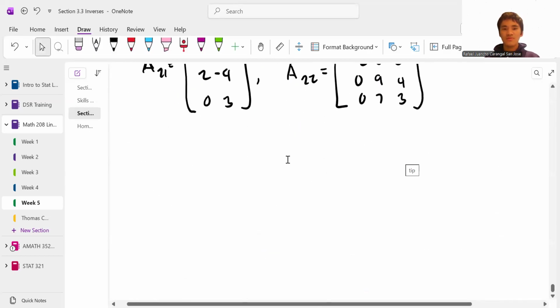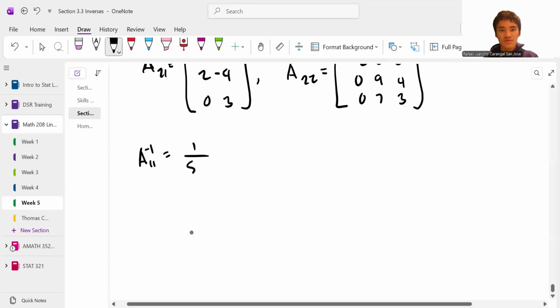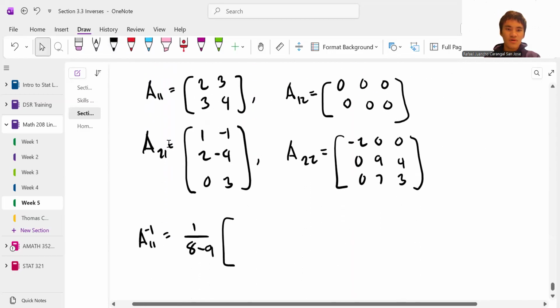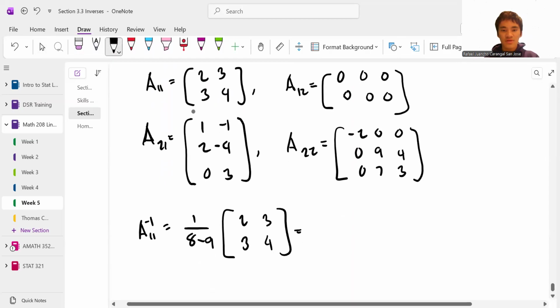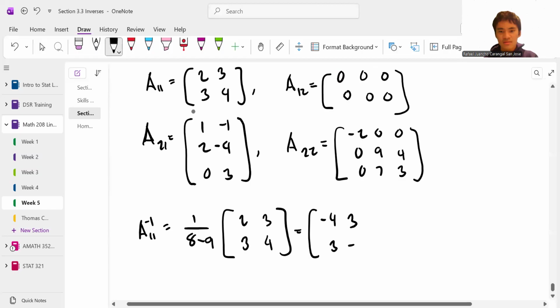And so the way we do this is, now we need to compute everything we need. Let's compute this matrix here. That's going to be 1 over 8 minus 9, and we multiply it by this matrix here, 2, 3, 3, 4. We're going to get a matrix out of it: negative 4, 3, 3, negative 2.